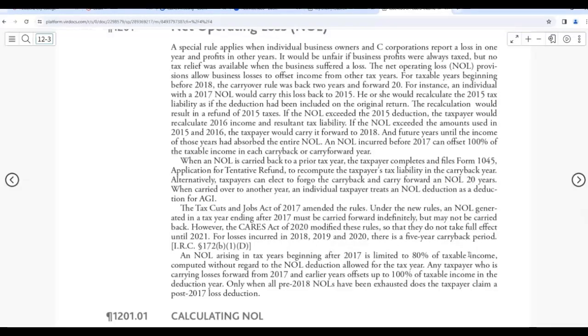But now only up to 80% of your taxable income can be written off. The rest carries forward again. And the reason they did that is because they want you to pay a little bit of tax no matter what. You cannot just write off the whole profit 100%.